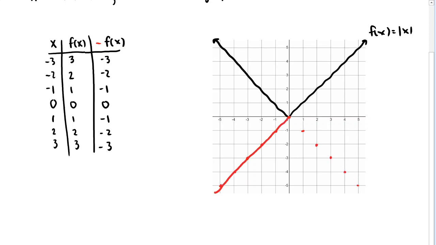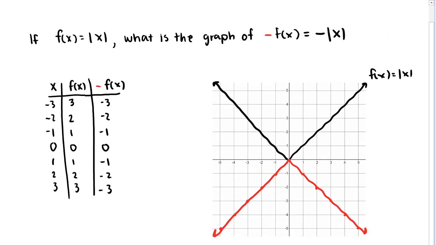Really, all of our outputs, if they were negated, then their y value is going to get flipped to the negative value and go across the x-axis onto the other side. Right, so here, really what this negative f of x did to the graph of our function was it flipped the graph of this function across this x-axis.